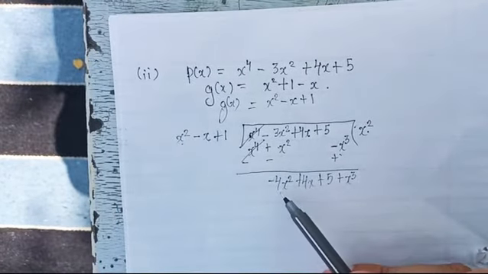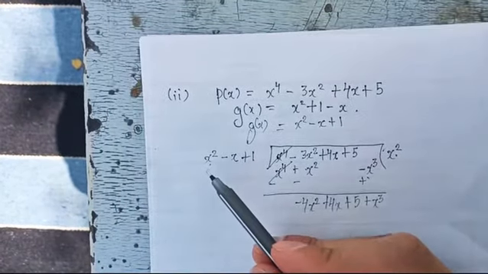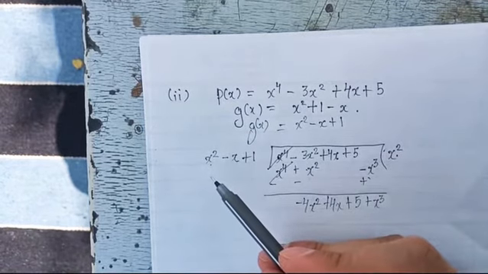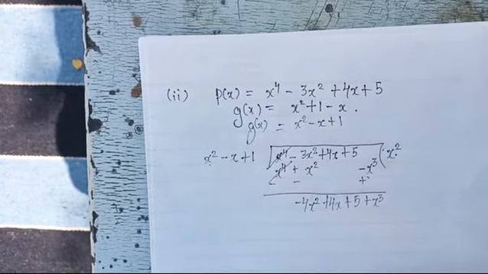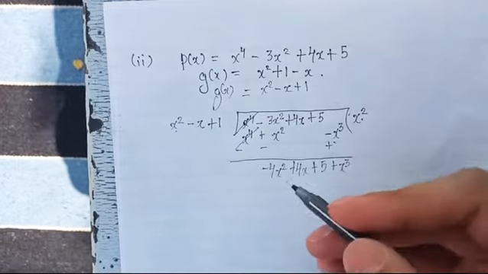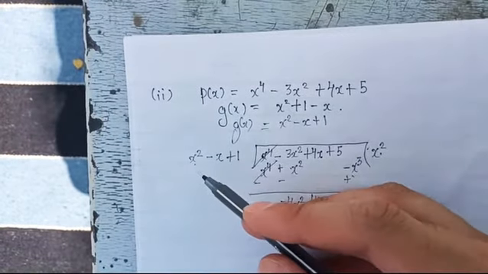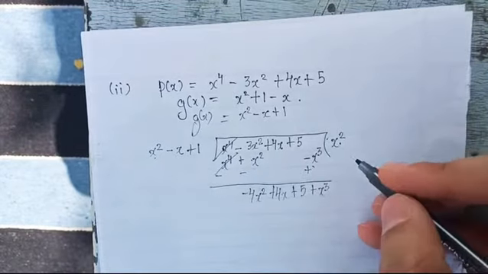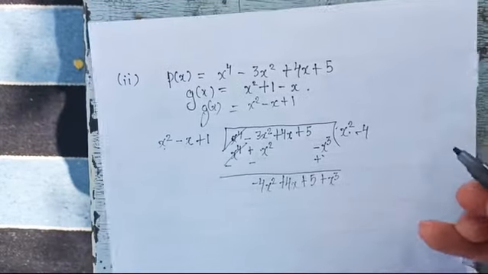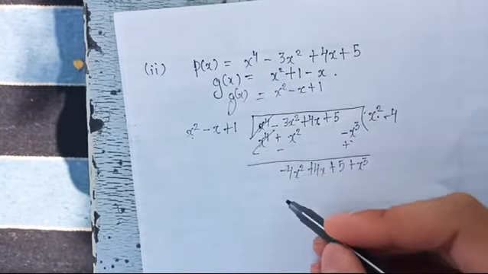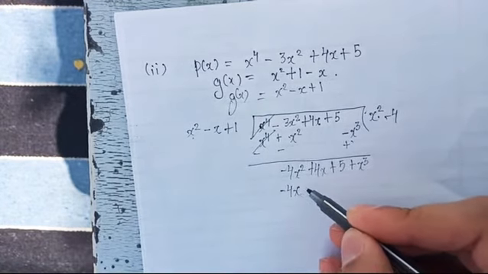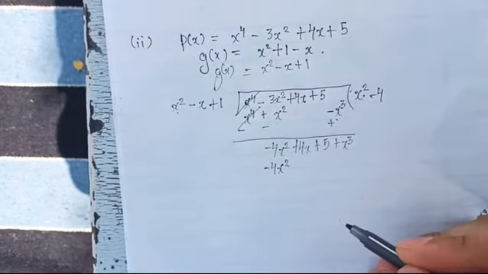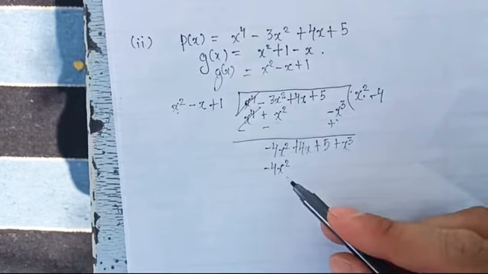Now here minus 4 is written, and here x square is written. So what will we do? We will multiply x square with minus 4. So here I will write minus 4. Minus 4 multiplied with x square becomes minus 4x square.